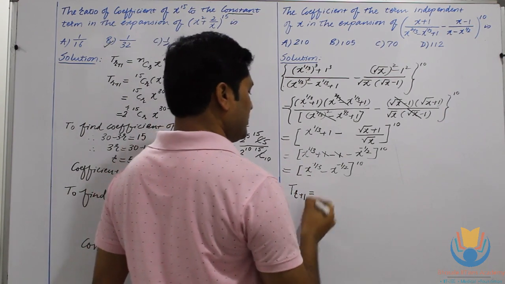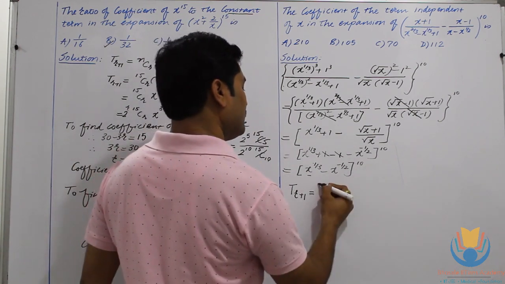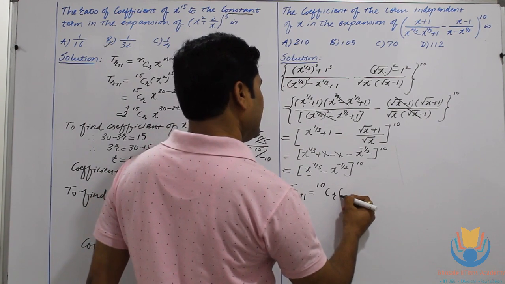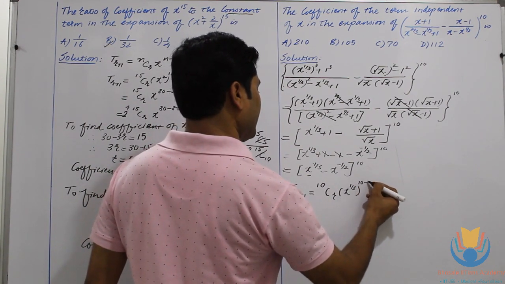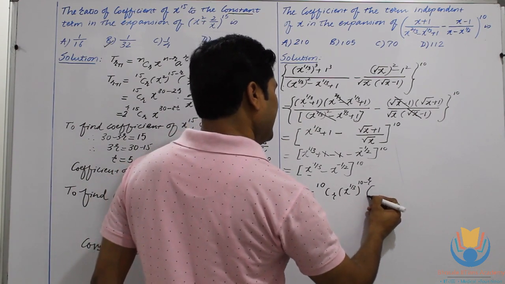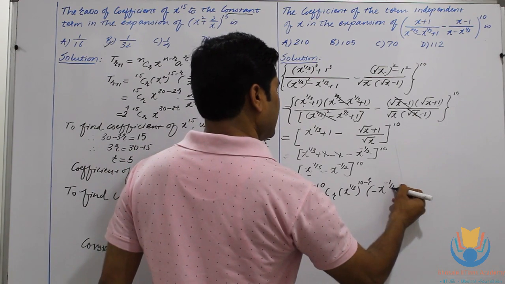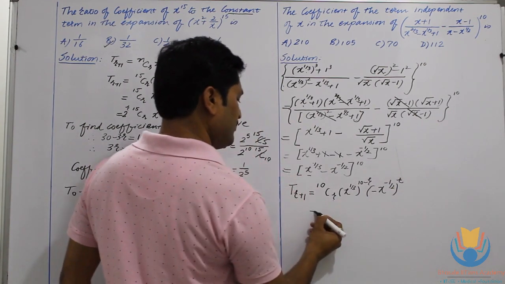We will substitute all the values in this particular formula except r. So here the value of n is 10, this is C r, the value of x is x raised to 1 upon 3 whole raised to 10 minus r, into the value of a, which is minus x raised to minus half, and this whole raised to r. So let's simplify the same.